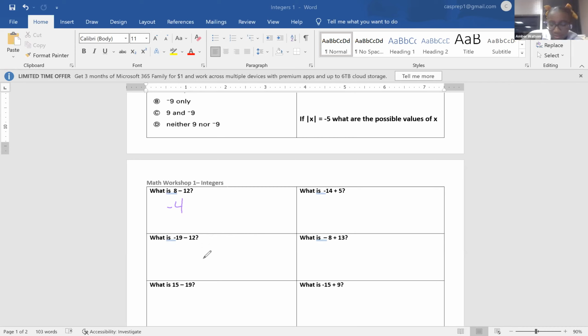Left. And if I see now a negative 12, what direction do I move in? Left. So where would that end me up at if I'm moving to the left twice? Negative 31.